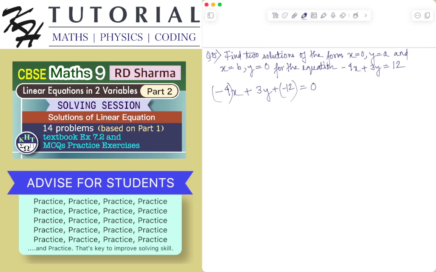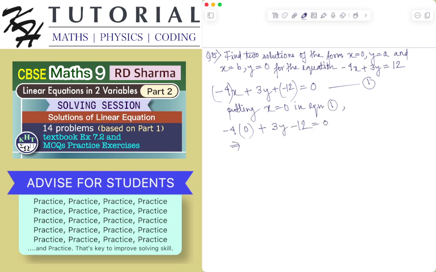So how will I find the root where the value of x is 0? Simply I will put x equals 0 in the given linear equation and solve for y. This is the linear equation in x and y. So putting x equals 0 in equation 1, we get minus 4 into 0 plus 3y minus 12 is equal to 0.